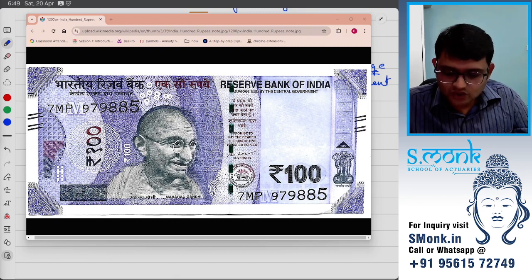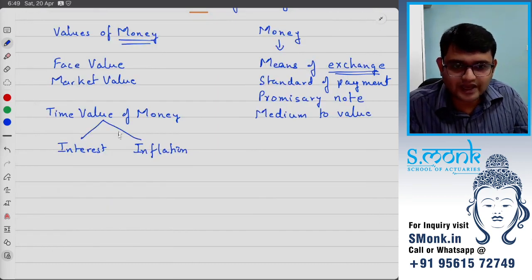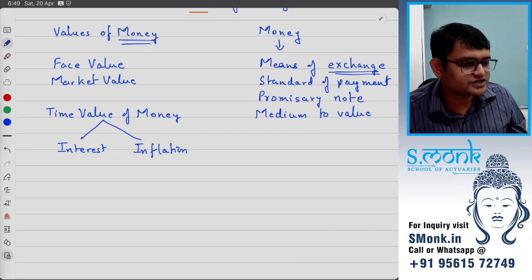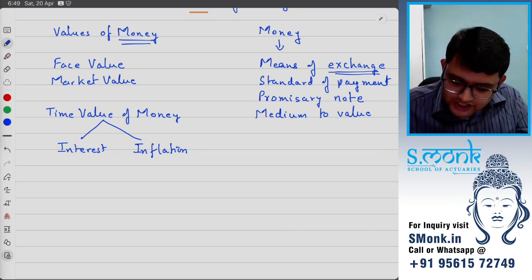So how does time change the value of money? I'm saying time will change the value of money, but this 100 rupees, even in the next 500 years, will remain the same as 100 rupees. So the value will change in a different way.